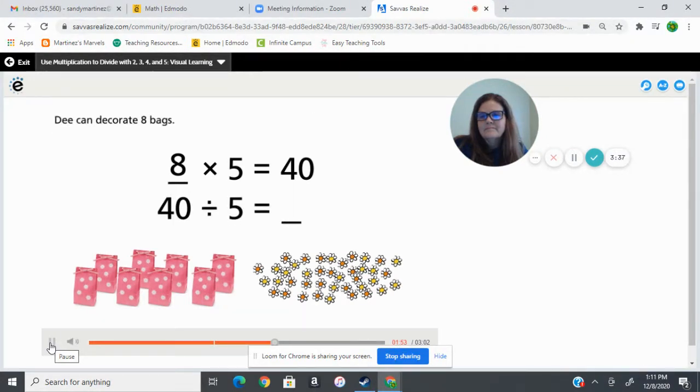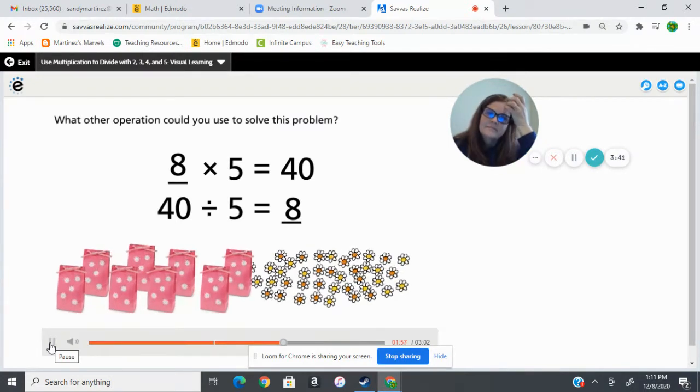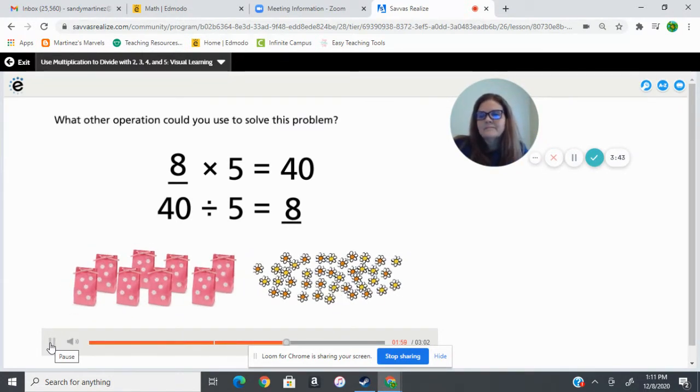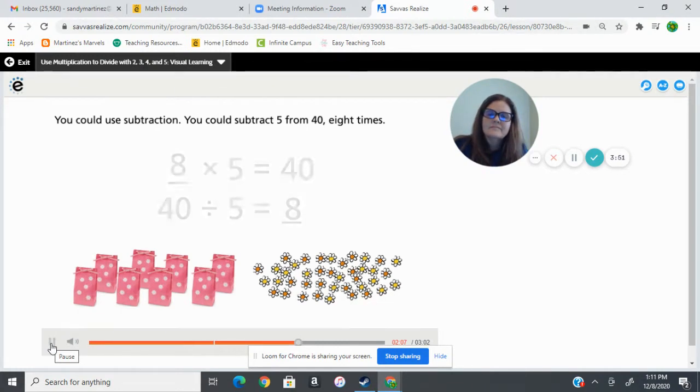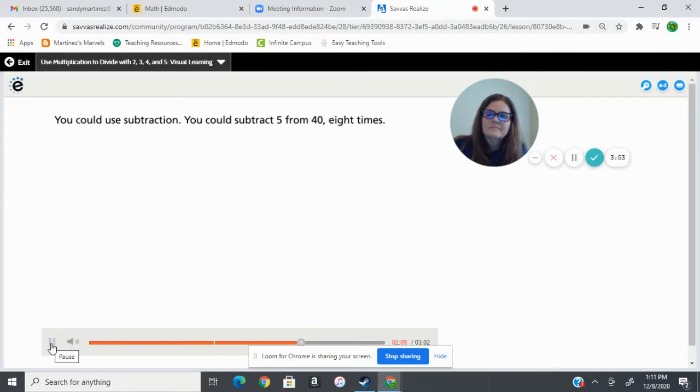D can decorate 8 bags. What other operation could you use to solve this problem? You could use subtraction. You could subtract 5 from 40 8 times.